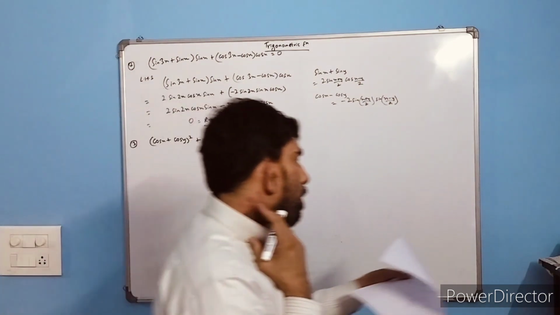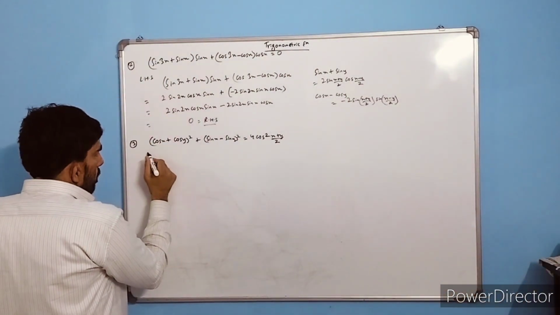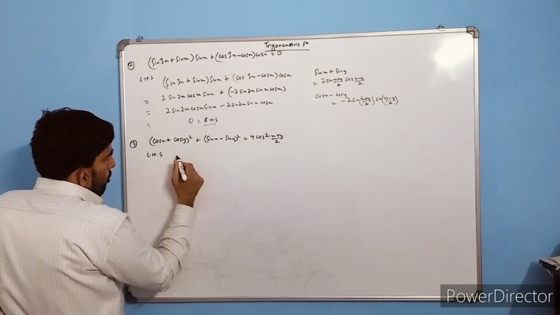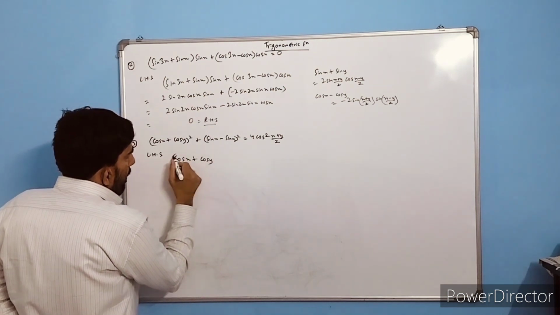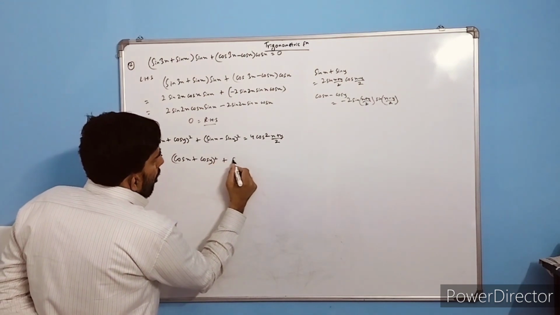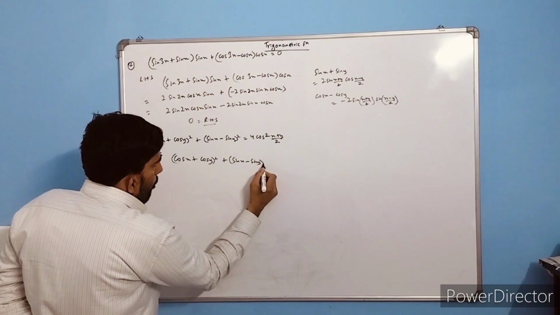Okay, now here we'll try to solve it out. First LHS. So we have (cos x plus cos y) whole square plus (sin x minus sin y) whole square.